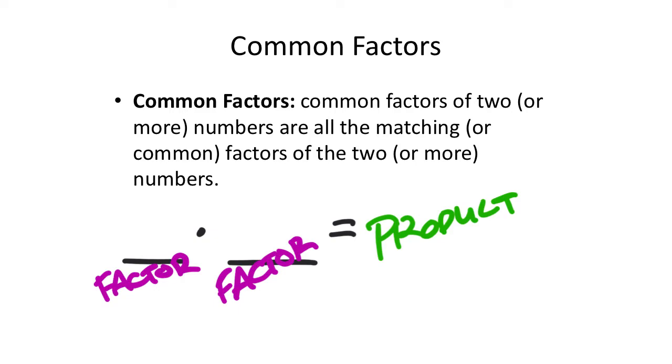Now, why is it the same name for both of those? Because the order doesn't matter. You can switch those factors together, and it's going to give you the same product, right? Commutative property of multiplication. But today, what they're going to do, they're going to give us numbers. Those are the products, and we've got to figure out what two numbers or other numbers multiply together to give us that specific product.